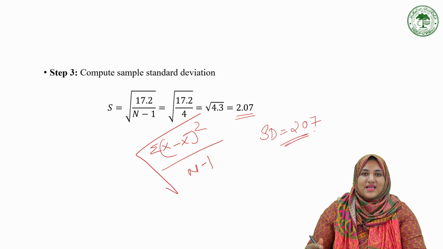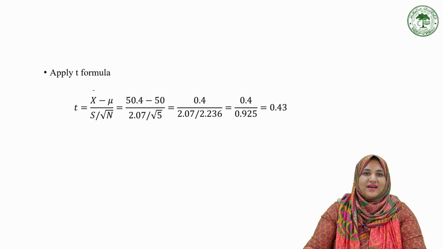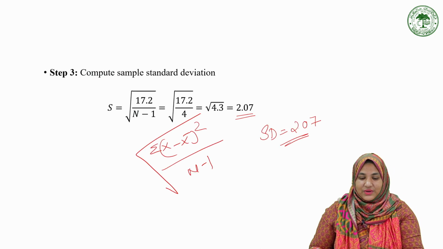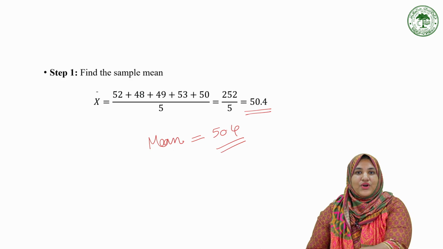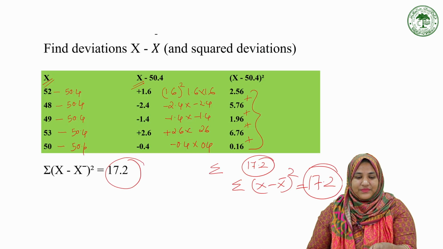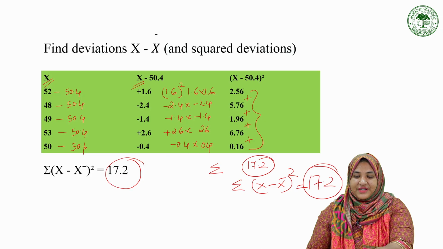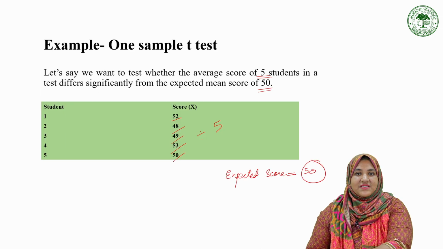Okay. Now we are going to calculate the t formula. We have calculated the mean value. What was the mean value? 50.4. So we put 50.4 over here, and then 50. What was 50? 50 was the expected score, isn't it?